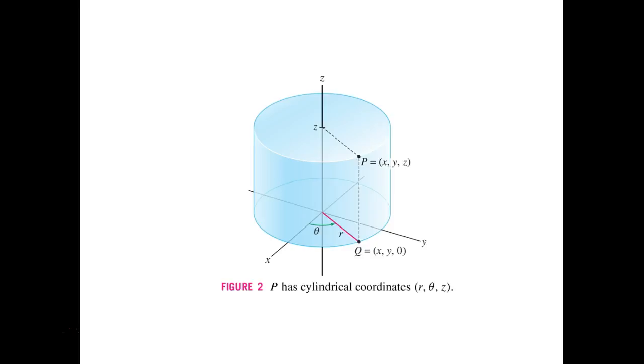Okay, and here's what a cylindrical coordinate is. In rectangular space, x, y, z, all perpendicular to each other. In cylindrical coordinates, if you remember back to polar coordinates, your coordinates were r and theta. And r always listed first, theta always listed second. For cylindrical coordinates, you just add the z component.